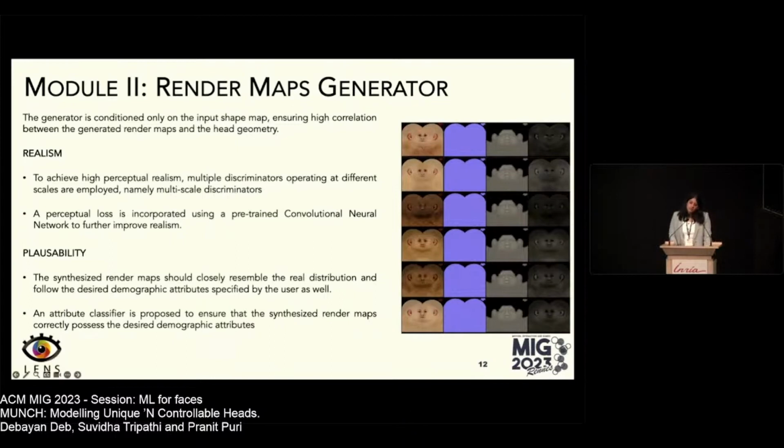There were two goals for the render map module, which were to achieve realism and plausibility. To achieve high perceptual realism, we used multiple discriminators at different scales, downsampling each of these texture maps by 2 times or 4 times, to make the model generalize well over all the resolutions.